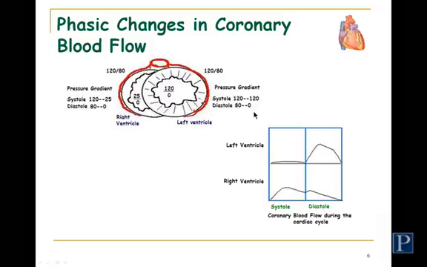The big thing to get from this is that in the left ventricle, you have what we call phasic or intermittent blood flow: flow during diastole, but not as much during systole. In the right ventricle, we have continuous flow through the entire cardiac cycle, and this is because of the external resistance, mechanical compression.